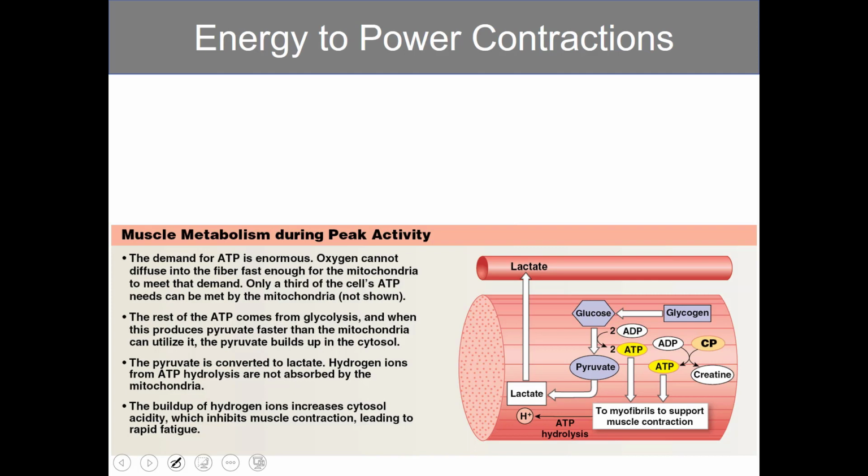So the cell is going to switch to anaerobic metabolism or glycolysis. Remember, glycolysis generates about 2 molecules of ATP per glucose, but you also get the production of pyruvate, which is quickly converted into lactic acid, and we see that right here.